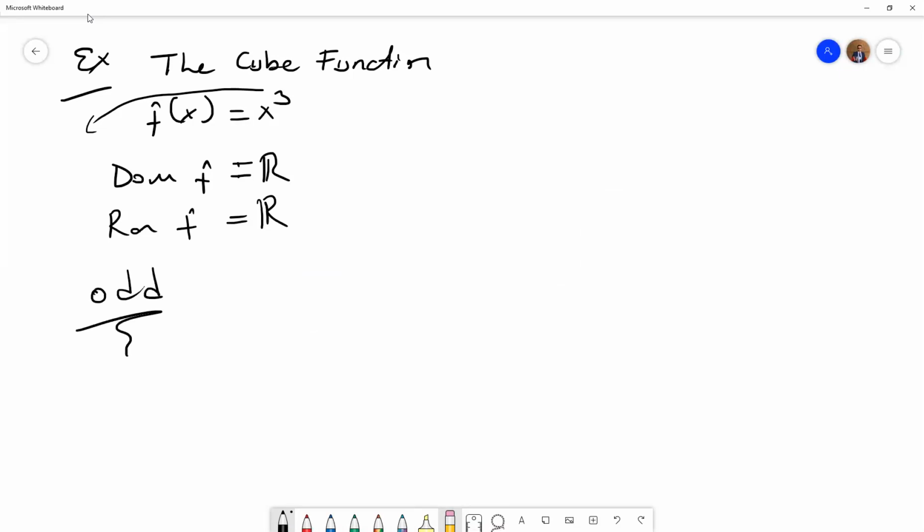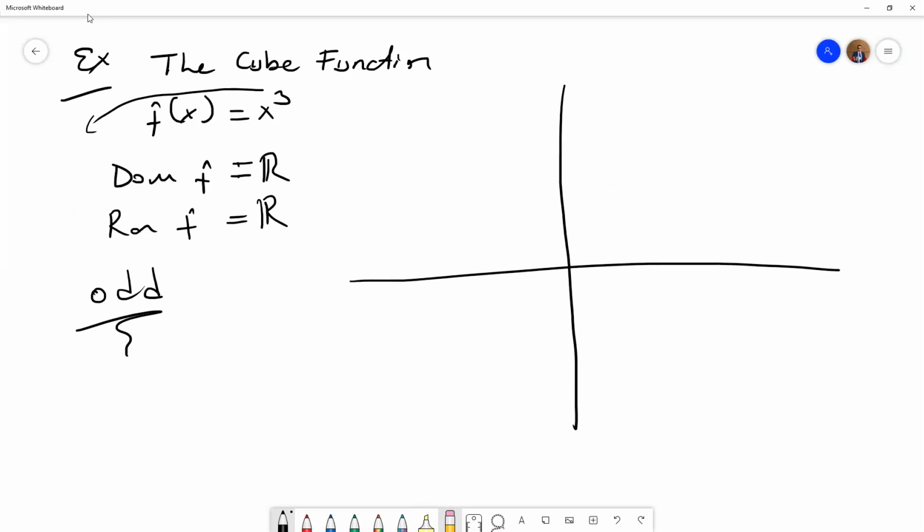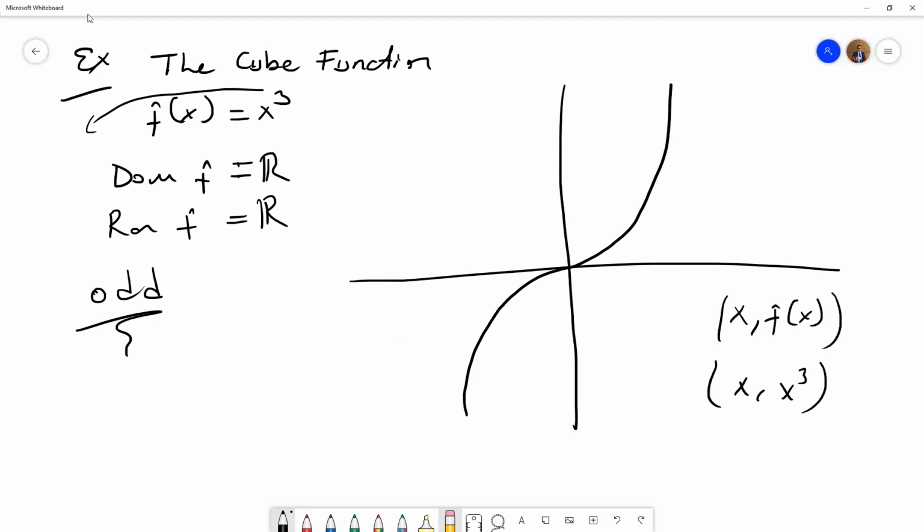This is an odd function, and we can draw the line like that. This is the abscissa x, and f(x), which here is x cubed. So you can see that the range is again all real numbers.